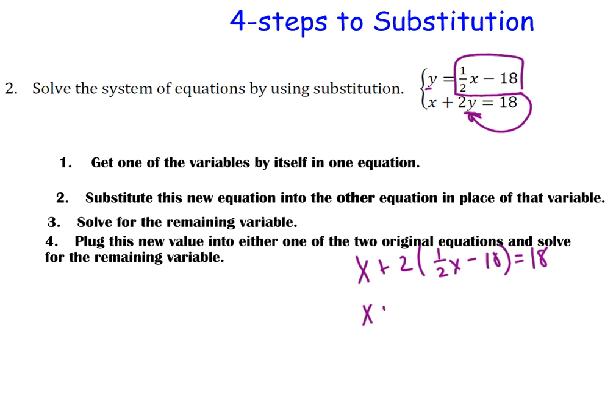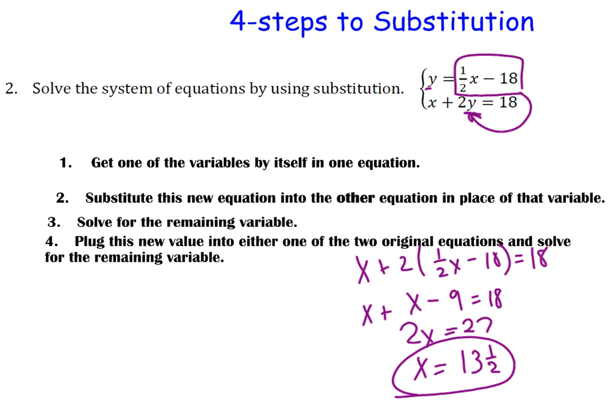So you get x plus x minus 9 equals 18. So this becomes 2x equals 27. So x is equal to 13 and a half.